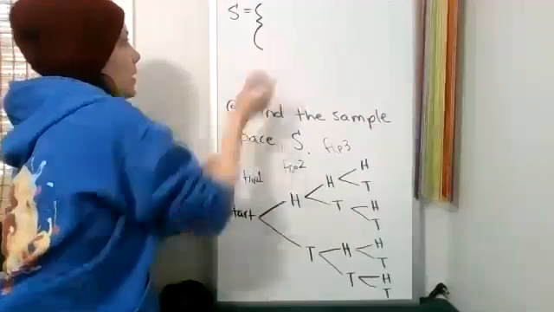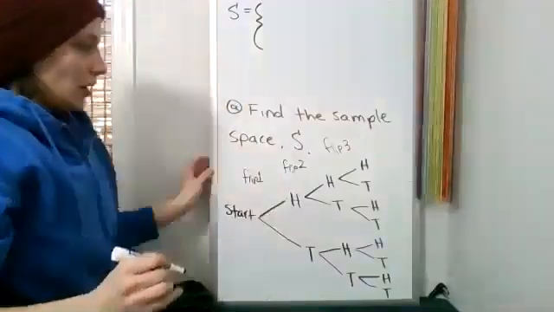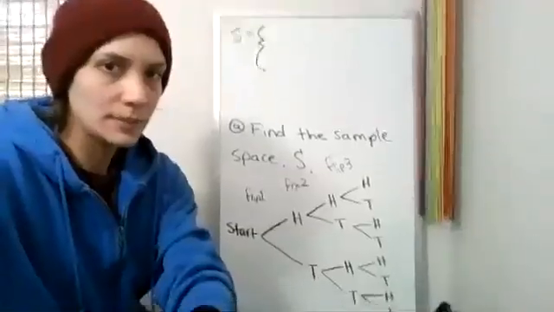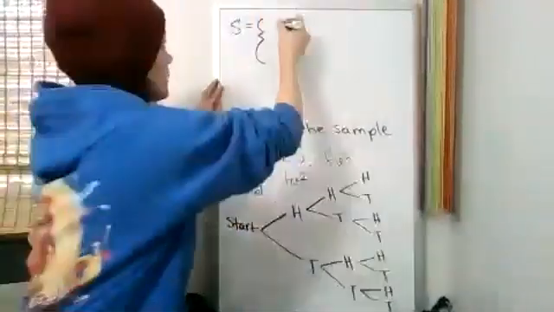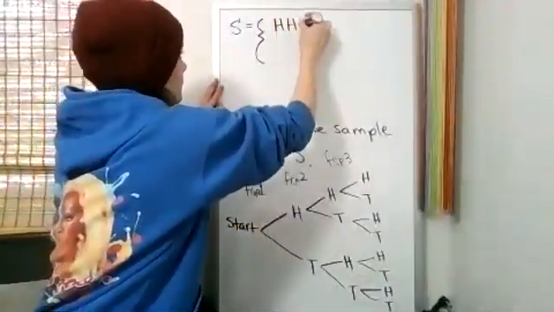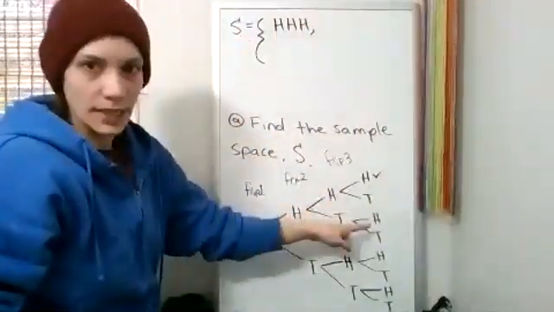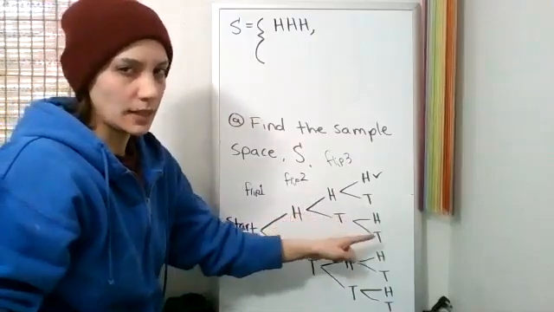I'm going to just make really big brackets. H, H, H, all heads in a row. Heads, heads, tails. Heads, tails, heads.